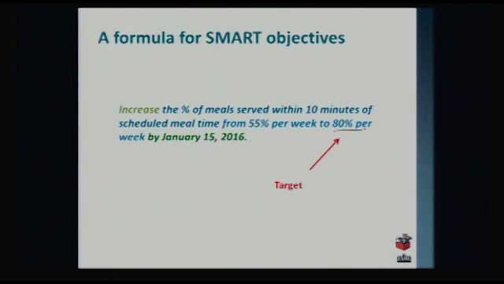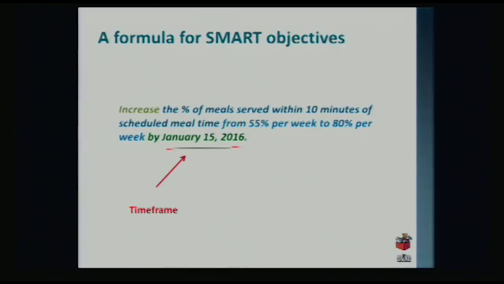And as Stacey mentioned, they're going to be shooting for 80% per week for now, for this improvement cycle. But then they may be increasing that later, to 90%, to 95%. The last part of the formula then is the time frame, because you have to know when you're going to remeasure. So what is the end part of your improvement cycle? So those are the components for a SMART objective.